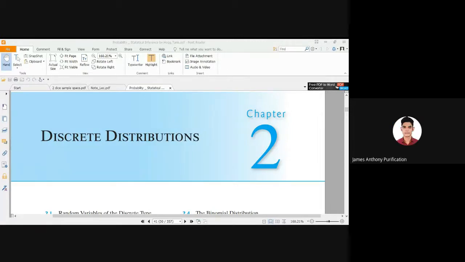Sir, X, like a random variable. Actually, random means you can take anything without prior choice. But in the case of a probabilistic model, a random variable refers to something different.